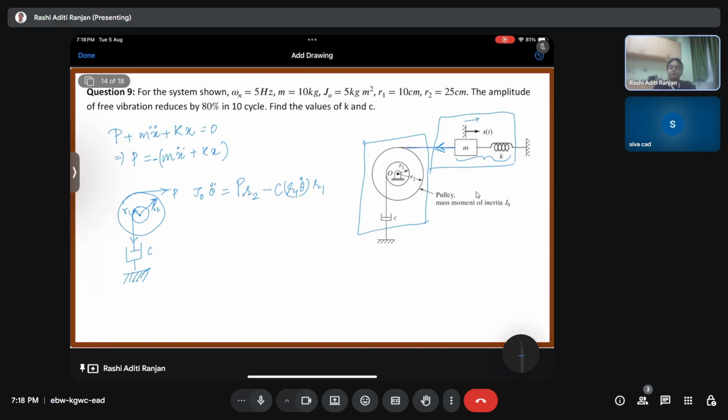Now, if I put P over here, what am I going to get? J naught theta double dot plus M. Now see, x double dot, can I write it in terms of theta?